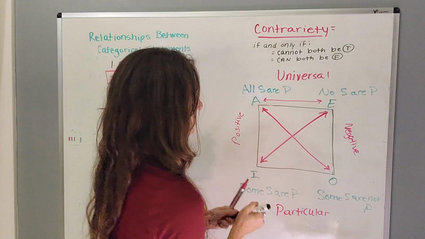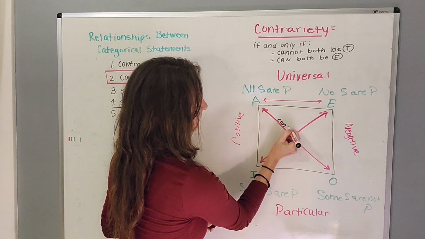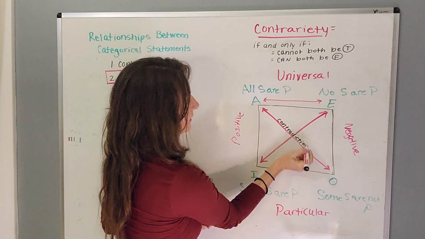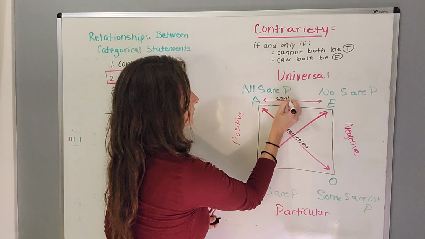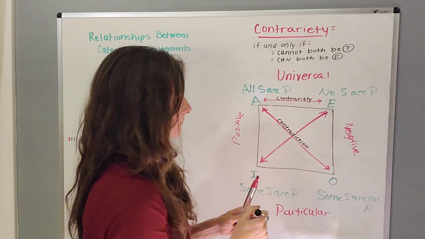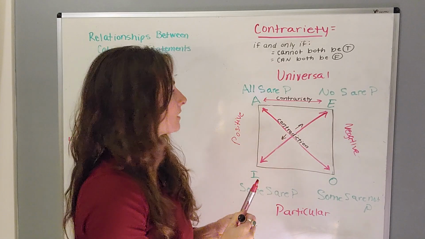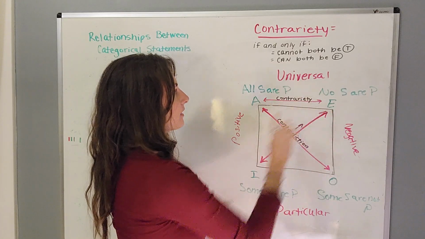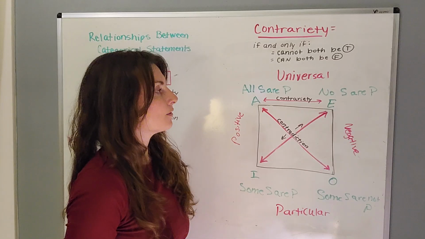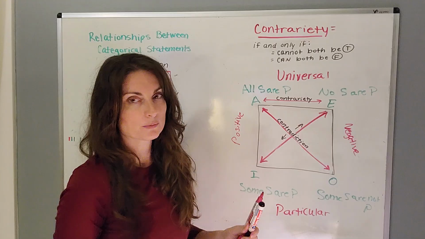Now I'm going to go ahead and write contradiction on this line and contrariety here. And obviously this is contradiction as well. All right, so contrariety, all S are P and no S are P. These cannot both be true, but they can both be false.